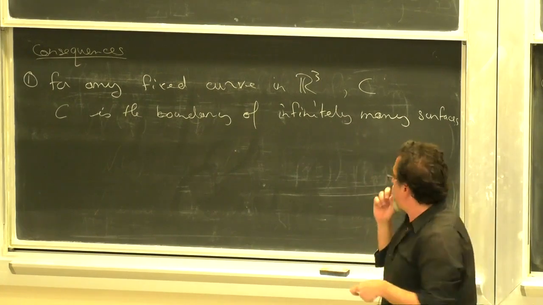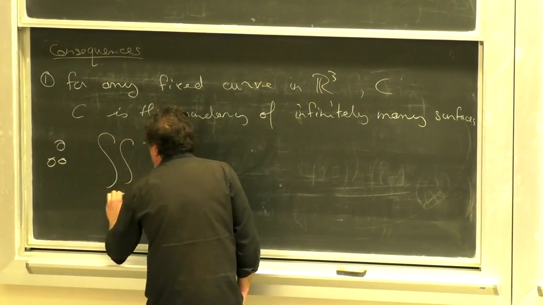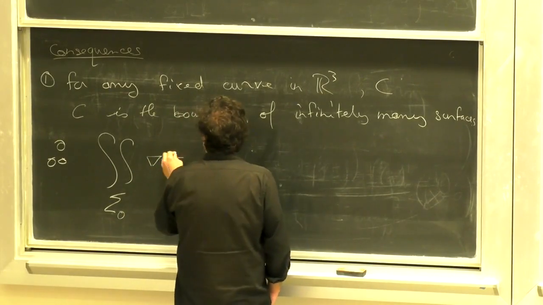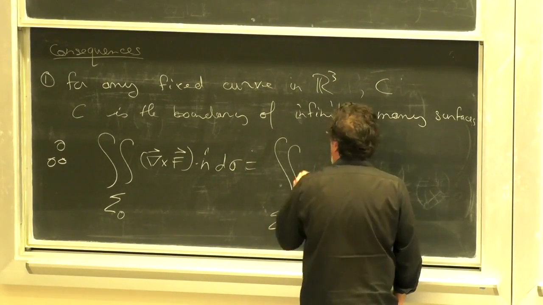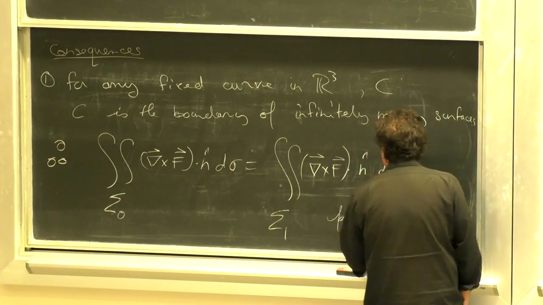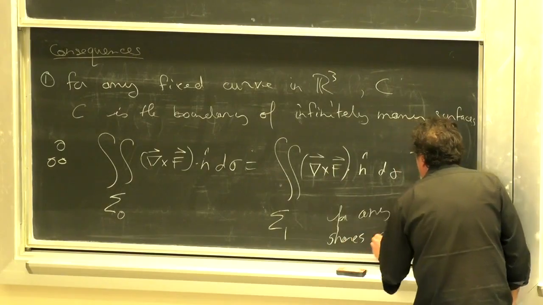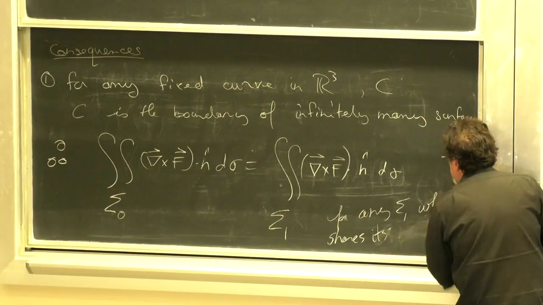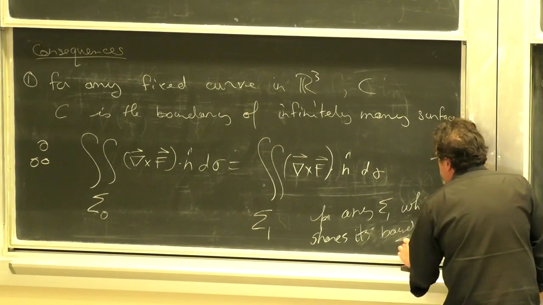So something interesting about Stokes' theorem: this implies, therefore, that the integral over a surface, which I'll call surface 0, that's the flat surface, of the curl of f dot n hat d sigma is equal to the integral over sigma 1 of the curl of f dot n hat d sigma, for any sigma 1 which shares its boundary with sigma 0.